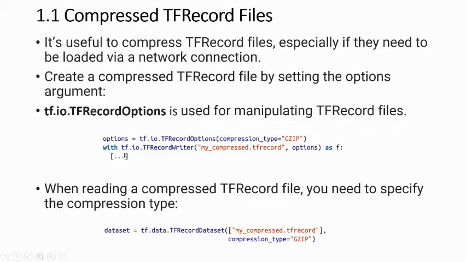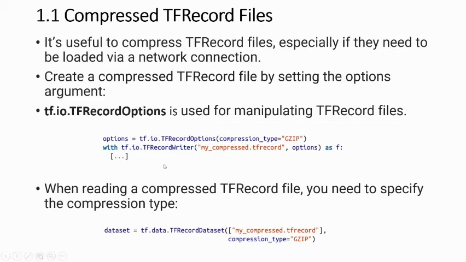So when we go with tf.io.TFRecordWriter, we pass mycompressed.tfrecord with the options and we provide the data, such as: this is my first record and this is my second record. After TF record writer with the file name and options, you can write whatever you want into the file.